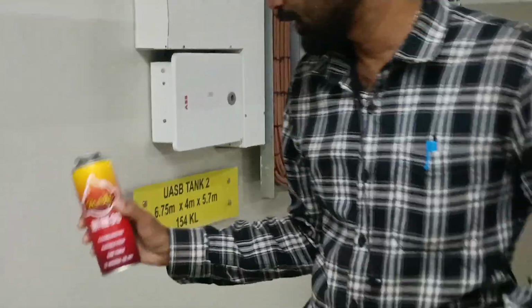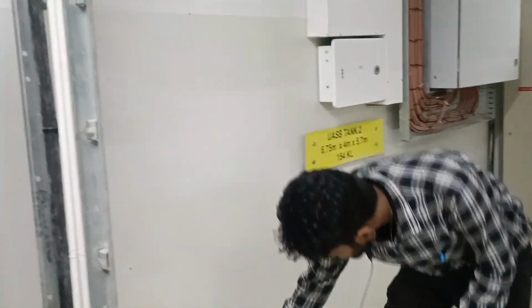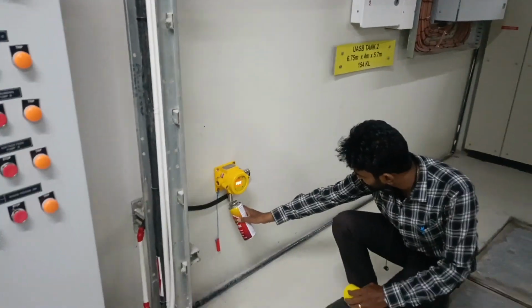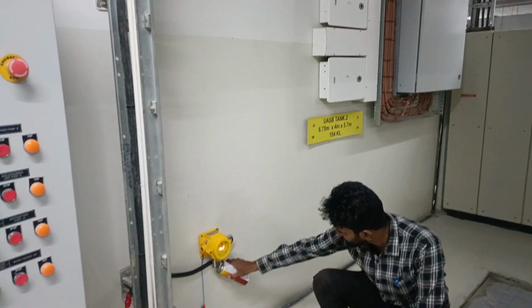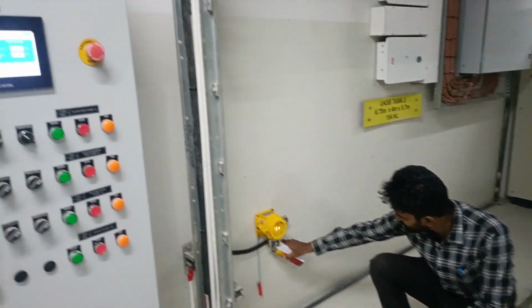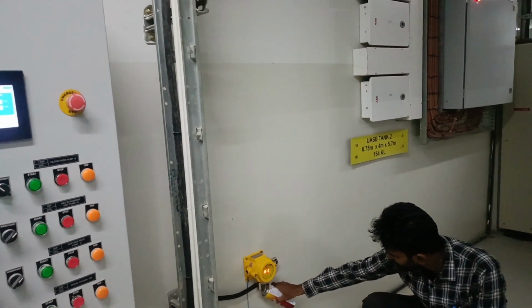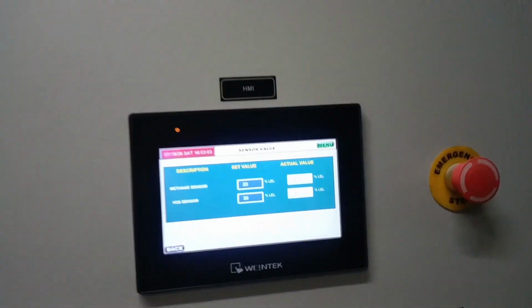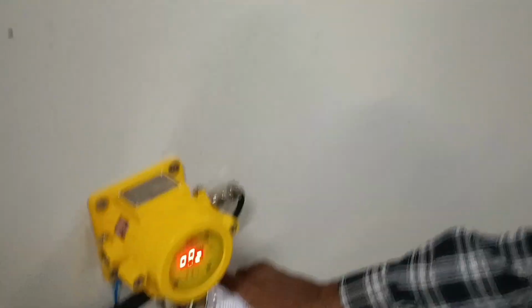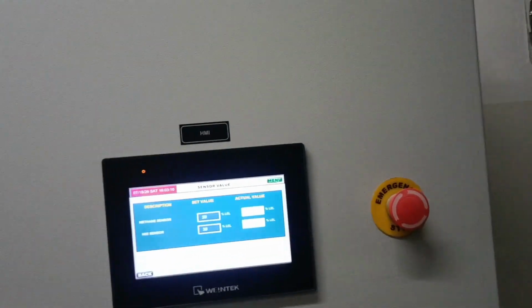You are using butane gas to test. Can you push it now? It is increasing the value. It is showing the same here also. It will increase when it detects gas.